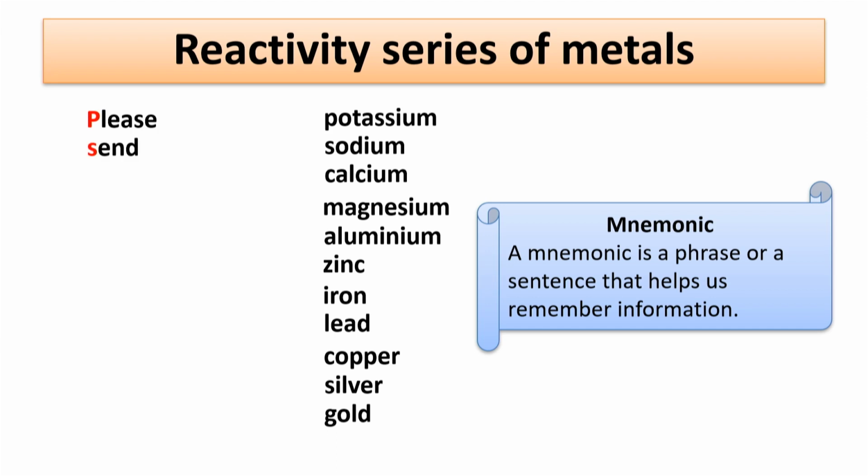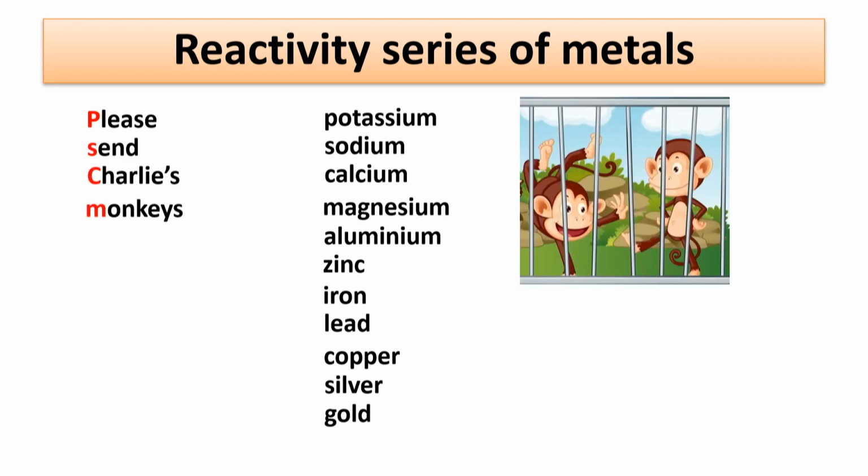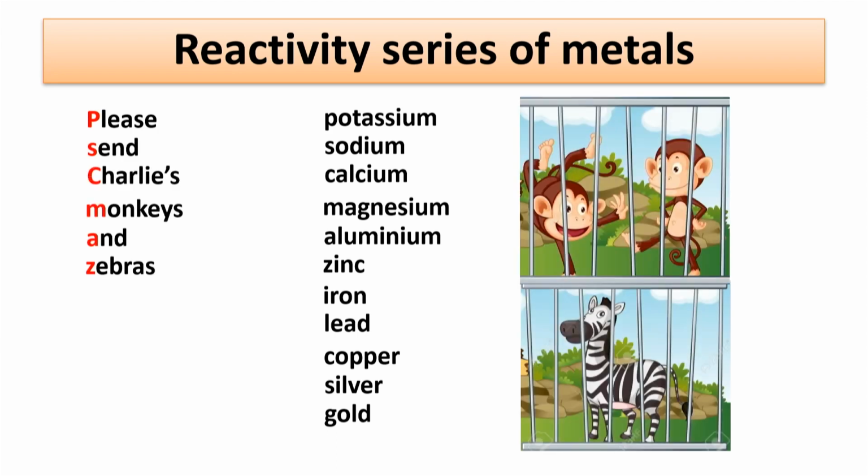Please send Charlie's monkeys and zebras in lead cages securely guarded. You will notice that the first letter of each word corresponds to the first letter of the name of a metal in the reactivity series.